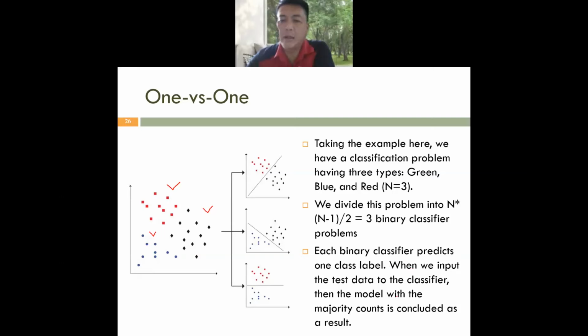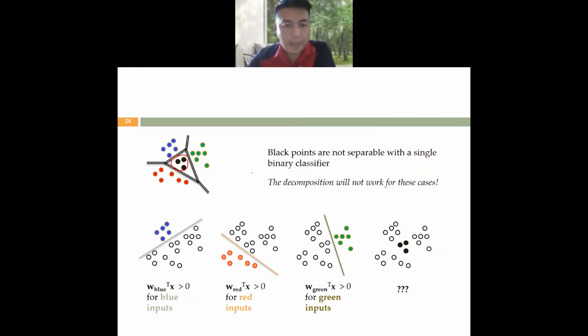Then the model with the majority count is included as a result. They are called 1-to-1 because we only include one class versus one class, compared to this one, which is one class versus many classes. This is what we call one versus all.